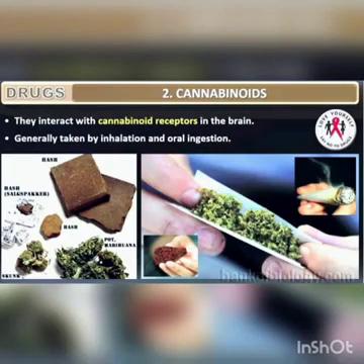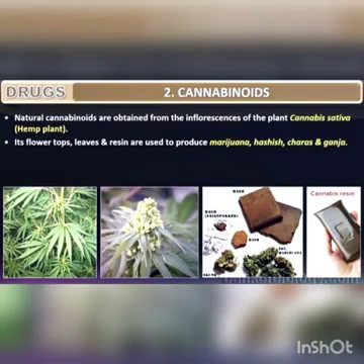Cannabinoids interact with cannabinoid receptors in the brain, and are generally taken by inhalation and oral ingestion. Natural cannabinoids are obtained from the inflorescence of the plant Cannabis sativa, that is the hemp plant.